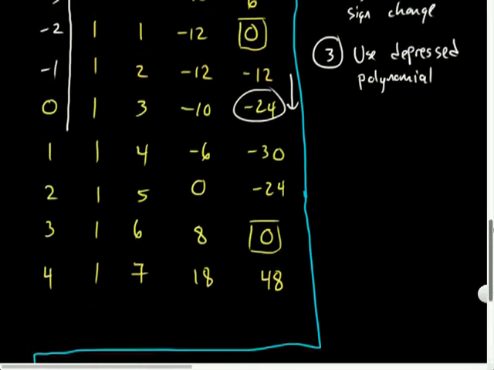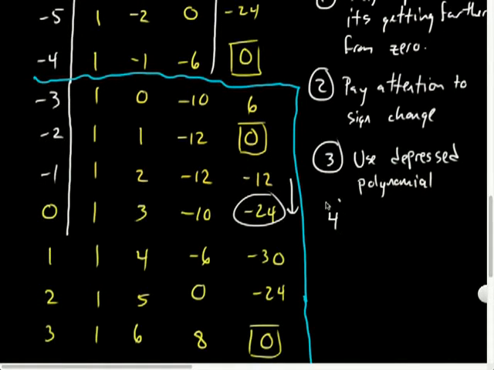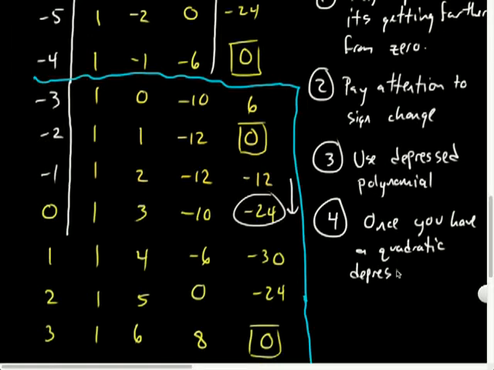All right? And then the fourth trick I might recommend is once you have a quadratic for your depressed polynomial, quadratic depressed, just try factoring it.